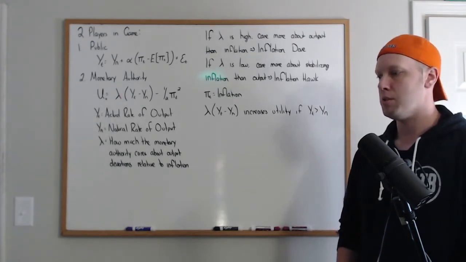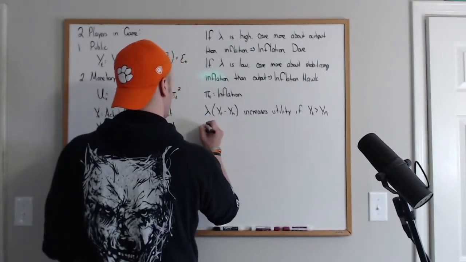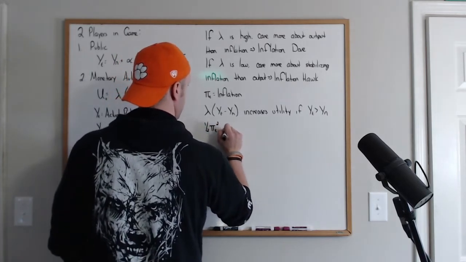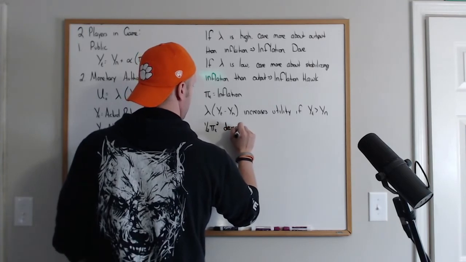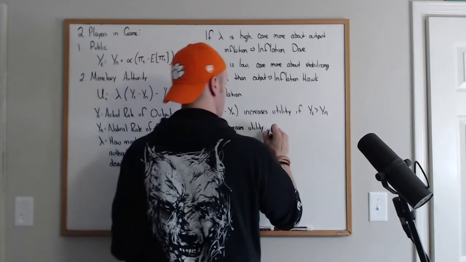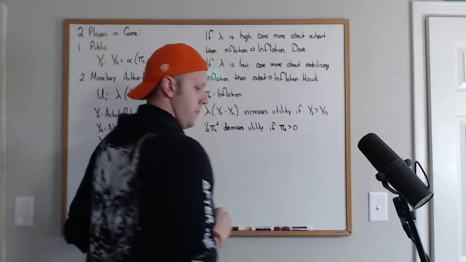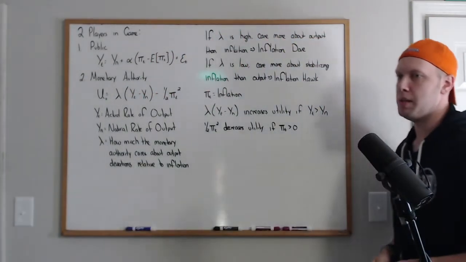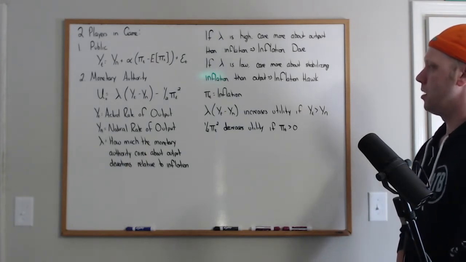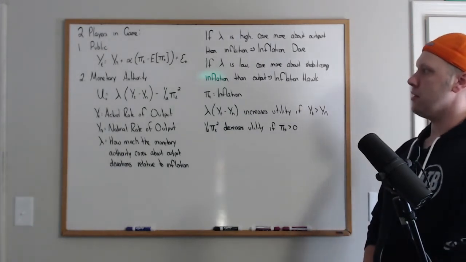However, an increase in inflation will decrease utility. So long as inflation is positive, it will be decreasing utility. So if there is an increase in inflation, it can reduce the utility of the monetary authority.